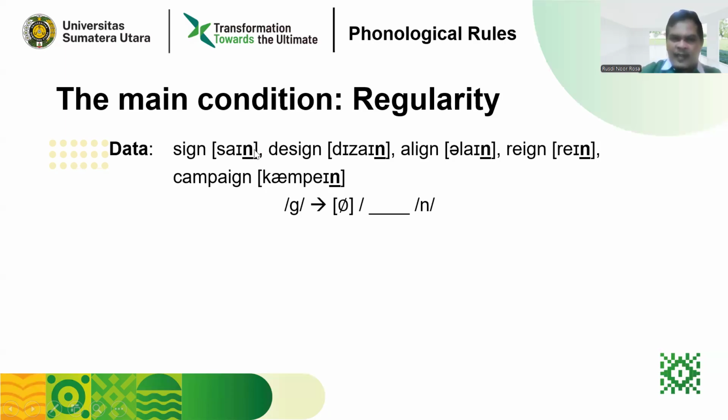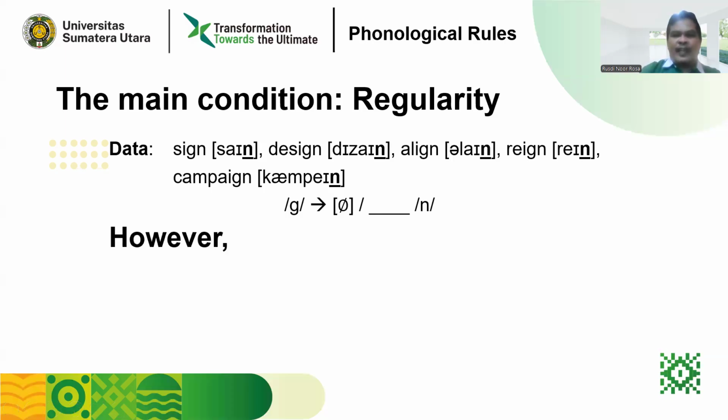You can see the regularity here: G, N, and G here is also followed by N, and here also G is located before N, until the end of the data. So you can see that we have regular data, that G is located before N, and G here is not pronounced. So the rule says G changes to nothing whenever G is located before N.